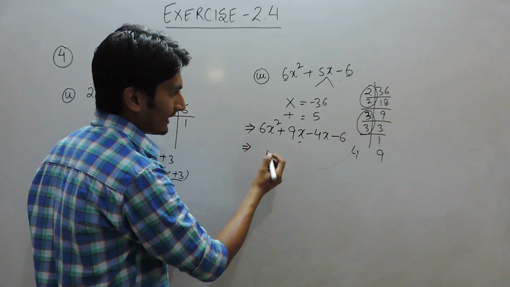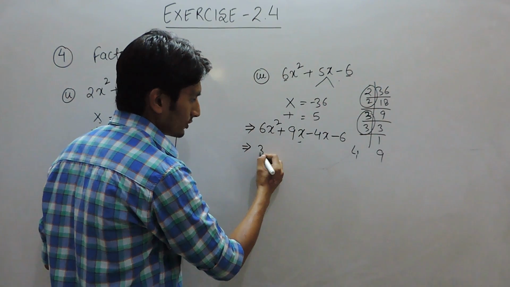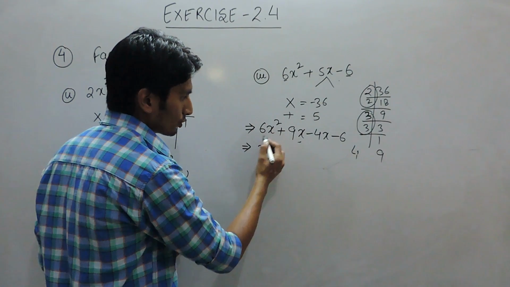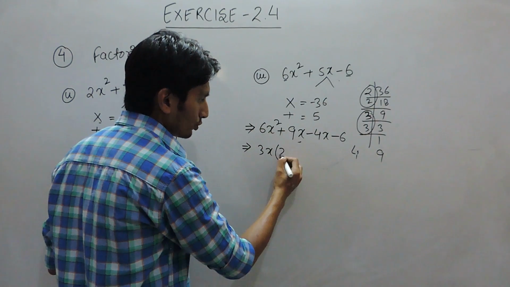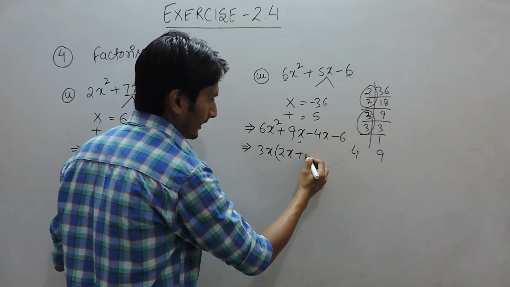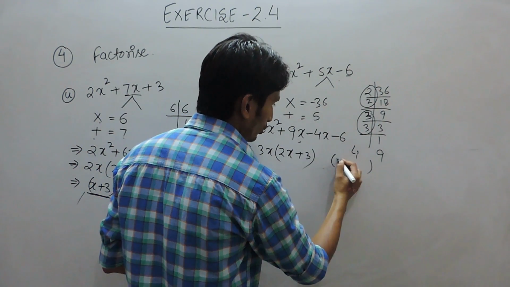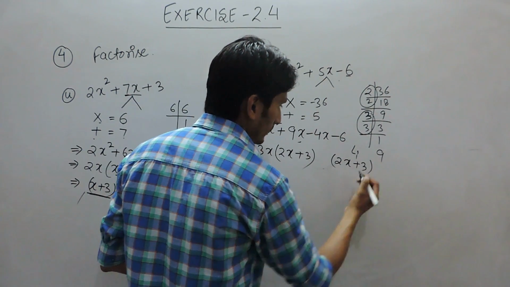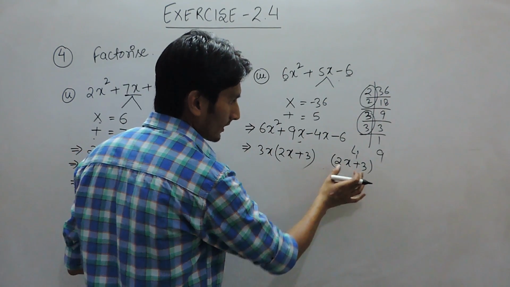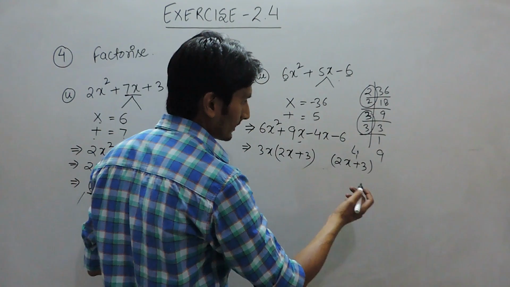So similarly again take the LCM from this. So 3x is the LCM. So when 3 is taken out from 6, 2 will remain, x will remain, and 3 will remain here. So again we have to make this much inside the bracket.